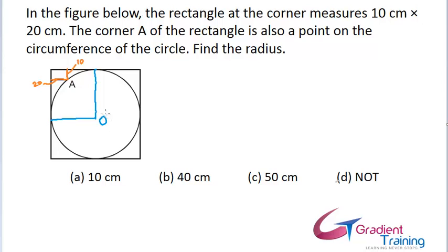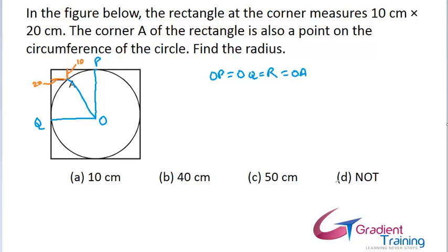Let's say this is O, this is P and this is Q. So we know that OP will be equal to OQ, which is equal to R. And from O, if we draw a line which connects O to A, we have also got another radius, OA. Now by using this, we can solve this question quite easily.